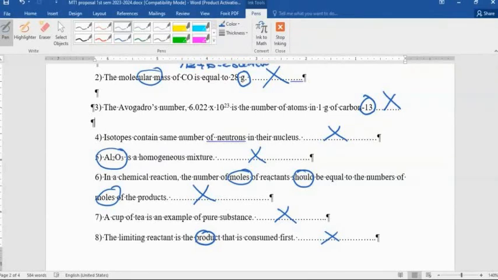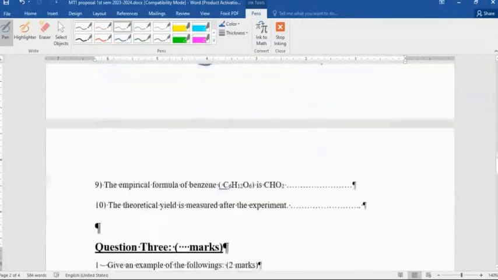It is a simple question. We didn't use Shakespeare language. The limiting reactant is the product that is consumed first. How should it be? A product should be produced, but the doctor here told me consumed. It means the doctor tells you to go left and right at the same time. So what will I do? I will stop. This one is wrong.